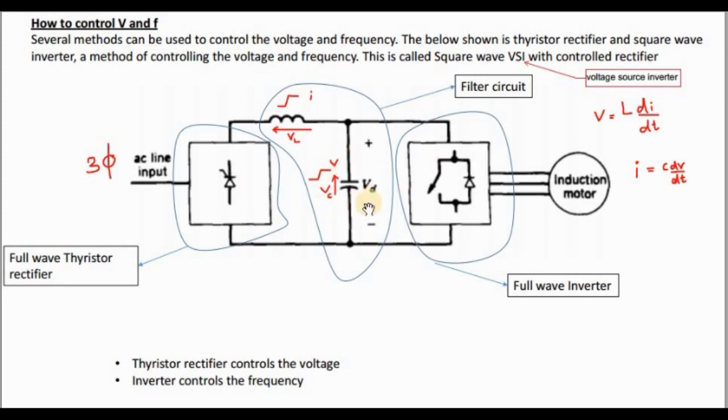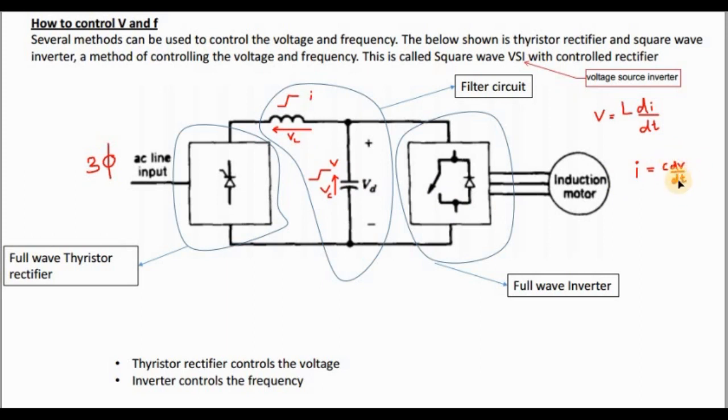If you take this capacitor, the formula for the capacitor is V equal to 1 over C integration I dt, or you can say I is equal to C dV by dt. Same as before, if you take this capacitor formula, sudden decrease of V is not allowed.